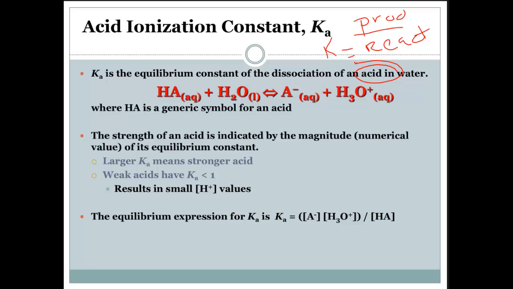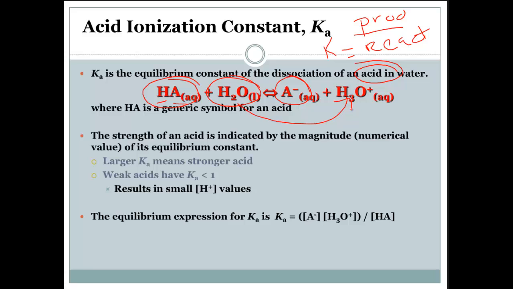So HA is the generic symbol for an acid: A for acid, and H for the hydrogen that's being given off. Once it dissociates, we have A- because it's lost that hydrogen, and then that hydrogen has attached itself to the water to form H3O+.